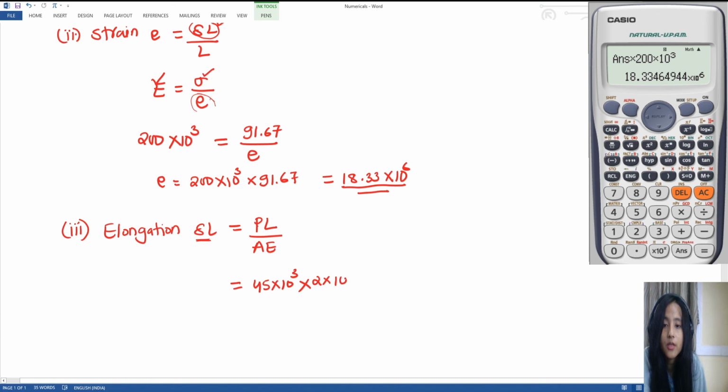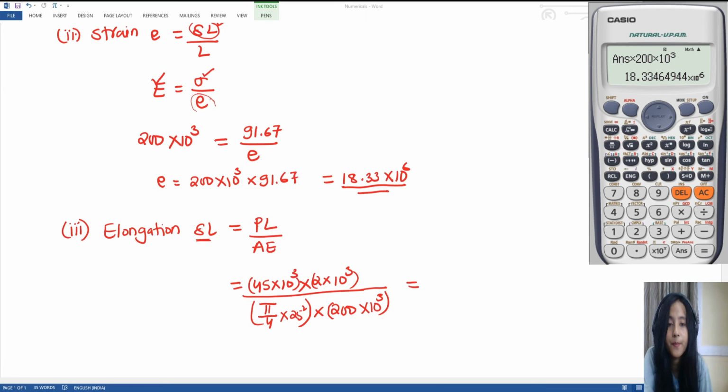Area is pi by 4 into 25 square, into E, which is modulus of elasticity. E is given equal to 200 GPa, which is equal to 200 into 10 raised to power 3 Newton per mm square. So this is my elongation.